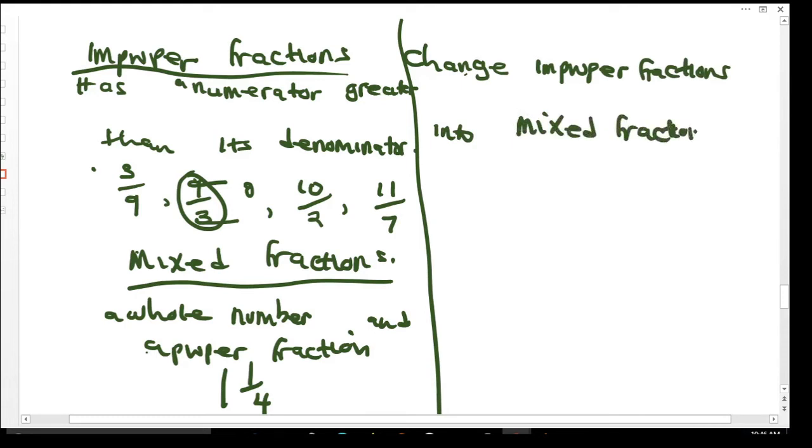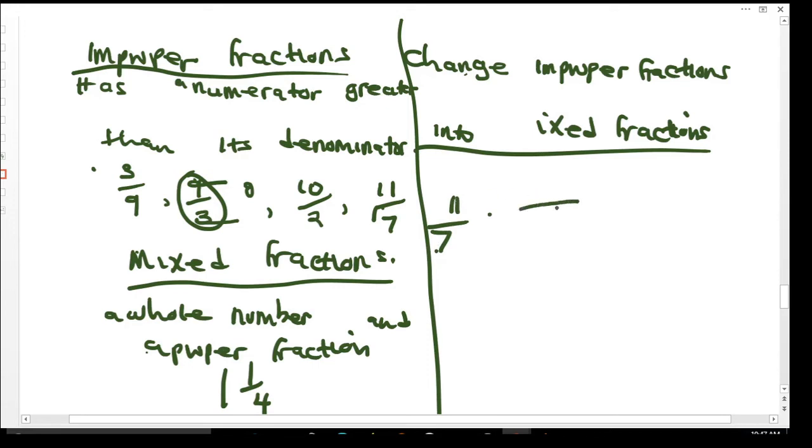Let us start with this example here, which is 11 out of 7. Following the rules of division, if you go back at numerals division, this means how many 7s can we get from 11? I repeat, how many 7s can we get from 11?